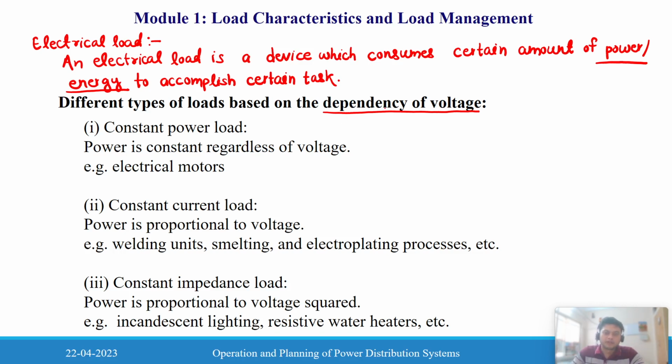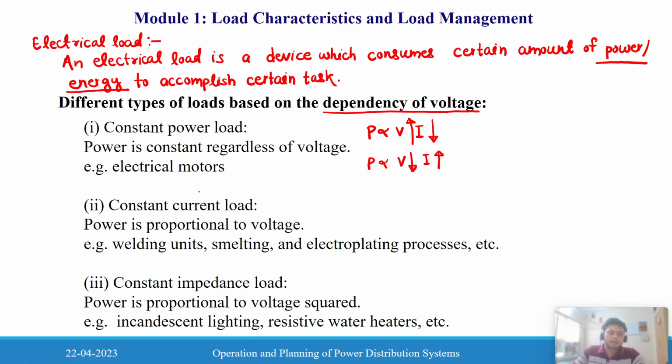We know that power is equal to voltage times current times power factor, so power is directly proportional to VI. For constant power load, if we increase voltage, current will reduce such that the power remains the same. On the other hand, if voltage reduces, current will increase.